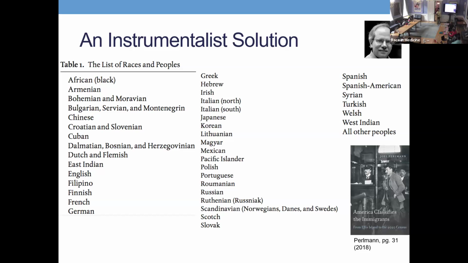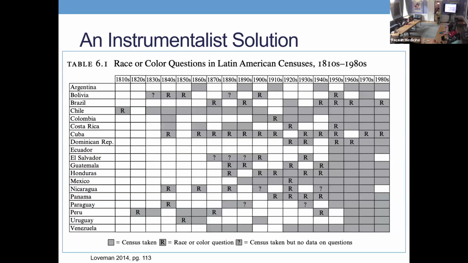Since I'm not hegemonic as an individual or as an institution, we should look at other places around the globe. This is taken from Mara Loveman's book, National Colors, which is a survey of 16 or 17 Latin American countries. My math might be off by about three.